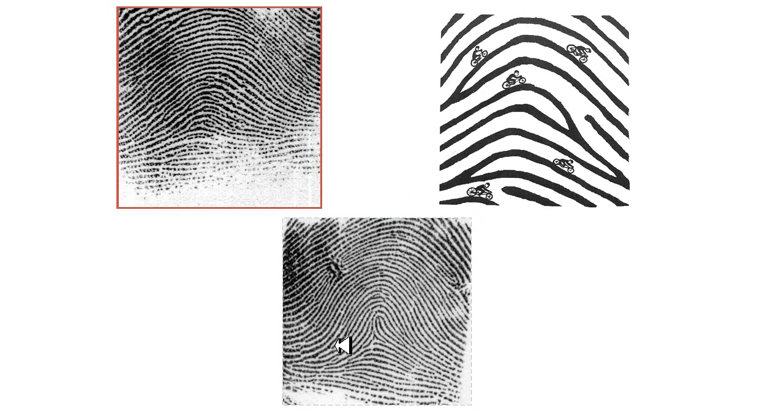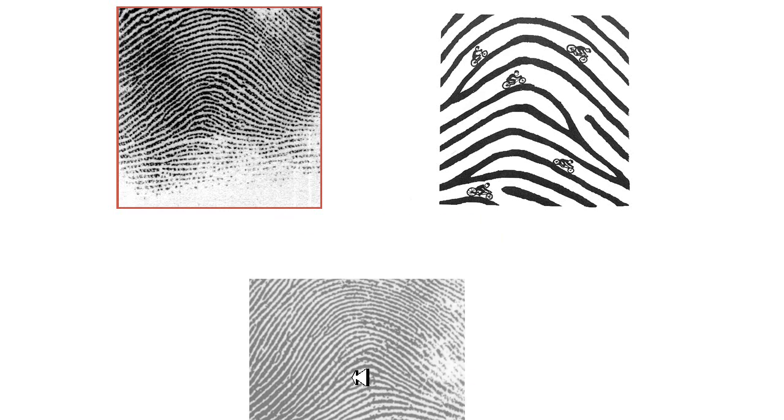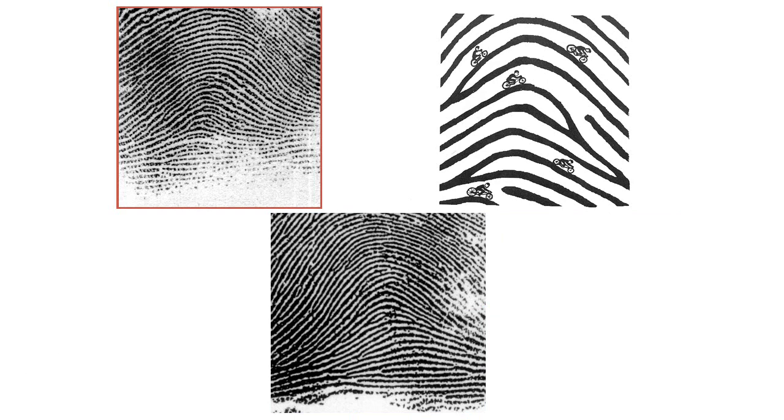The ridges are rising and returning, but what is happening in this region right here? Is that a plane arch pattern? What about this one? The ridges are rising, forming a hill, and returning to the other side.